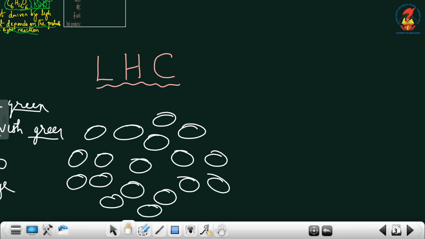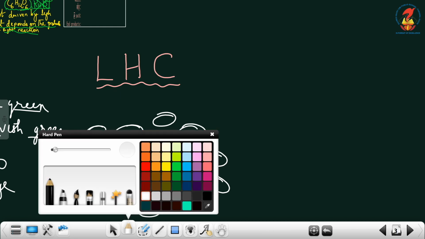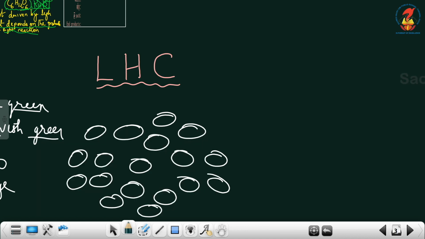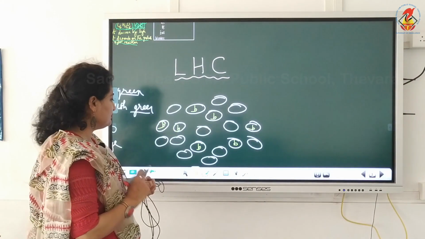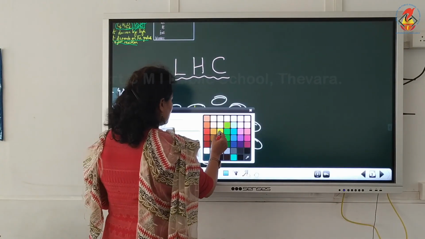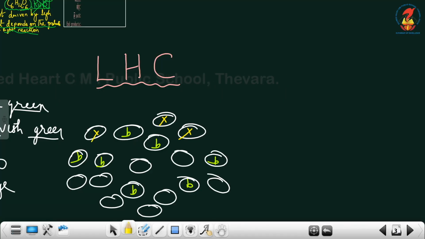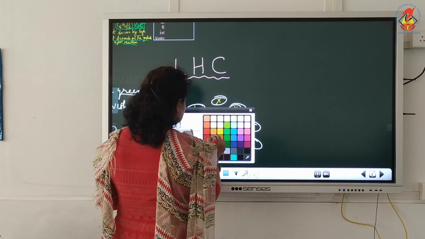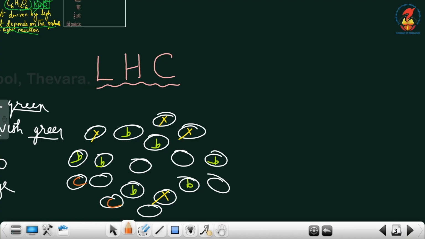Just assume it is a cluster of hundreds of pigment molecules, and these molecules are that of chlorophyll B, which is yellowish green. So I have drawn yellow green here and there. Then xanthophyll, which is yellow in color, X here and there, and carotenoids, which are orange in color, C.